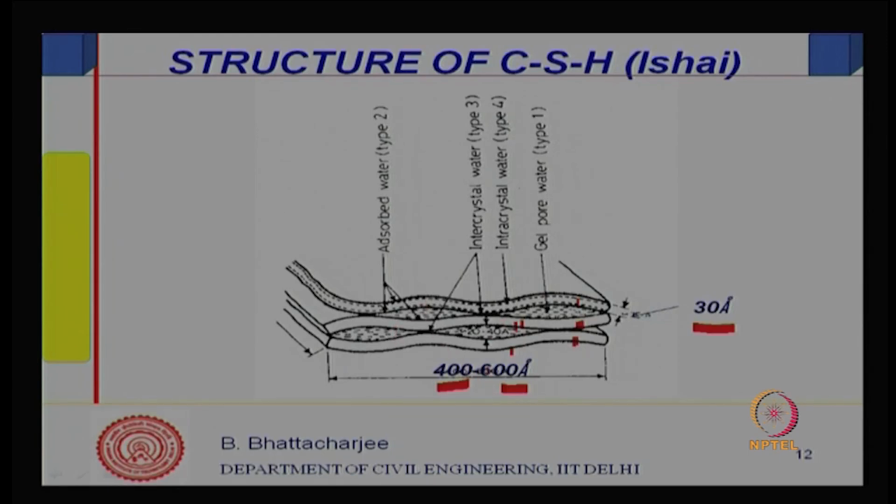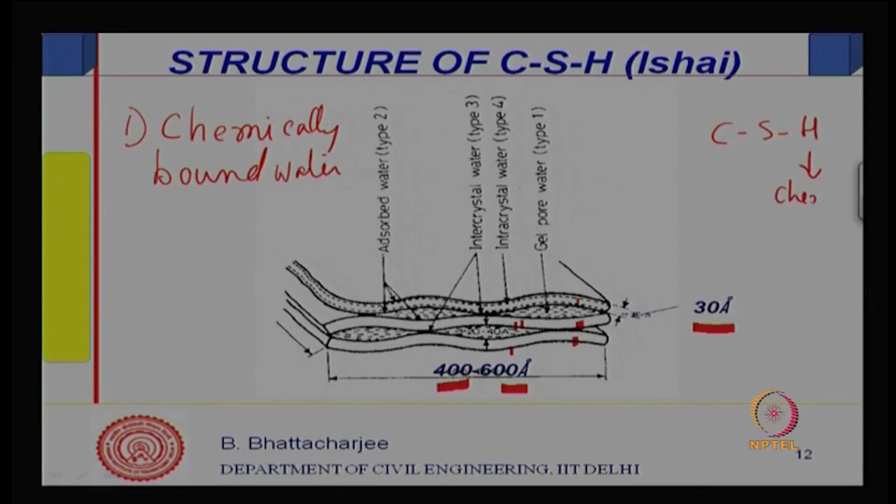Now, in a porous material you can hold water. First is chemically bound water, that we have seen, and chemically bound water is in the CSH. Besides that, since the surfaces can have intermolecular forces, there may be polarities.